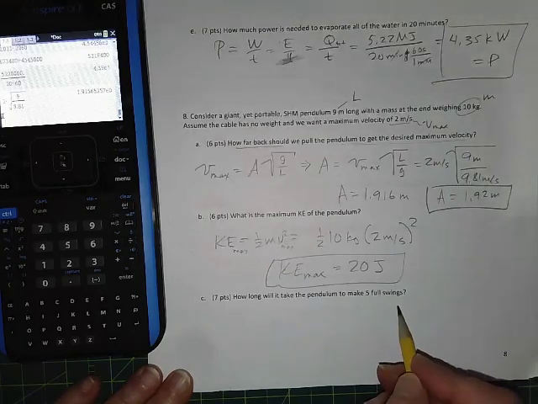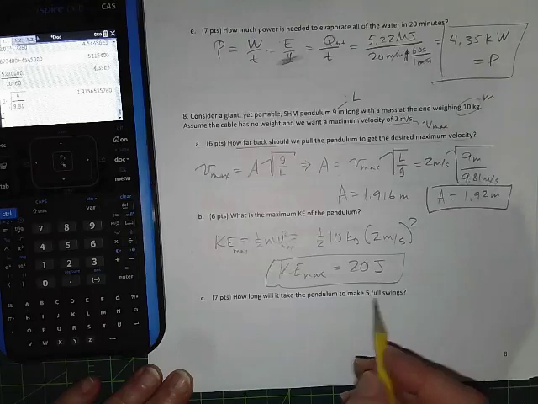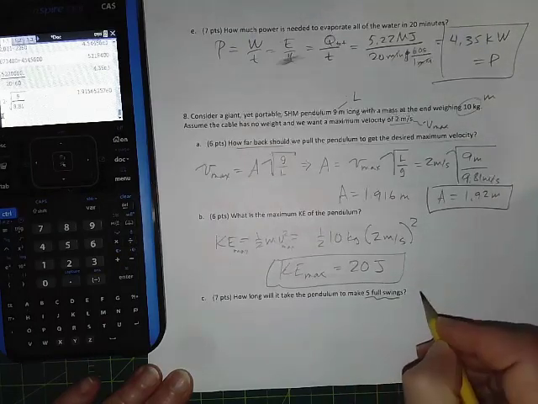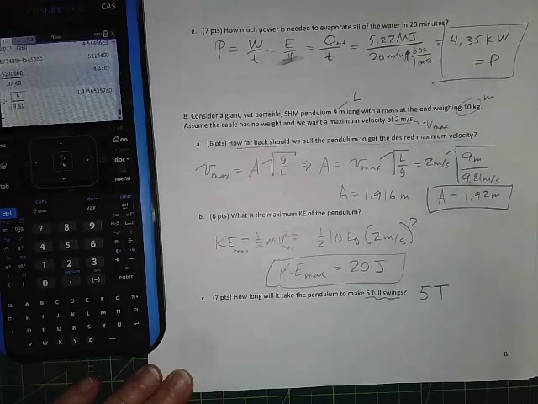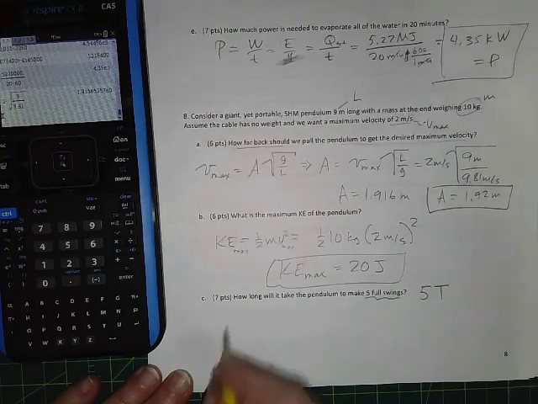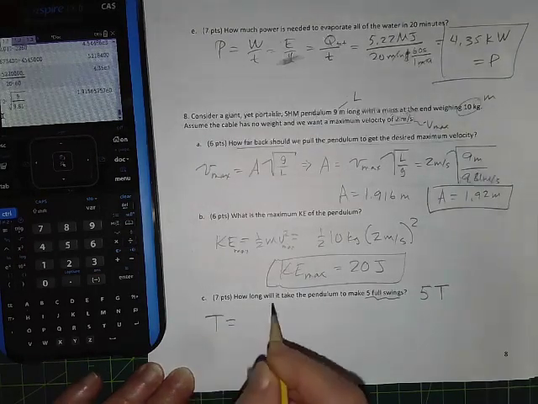How long will it take the pendulum to make 5 full swings? So 5 full swings is 5 times 1 full swing. 1 full swing, or T, is the time it takes to make 1 full swing. So to get 5, which is 5 times the period T. We've got a formula various different ways, but let's just go with it directly.